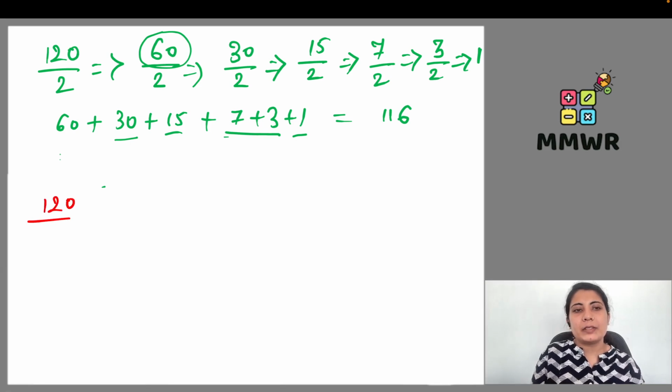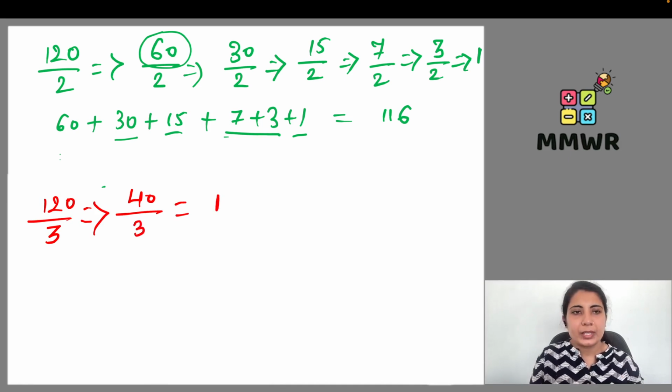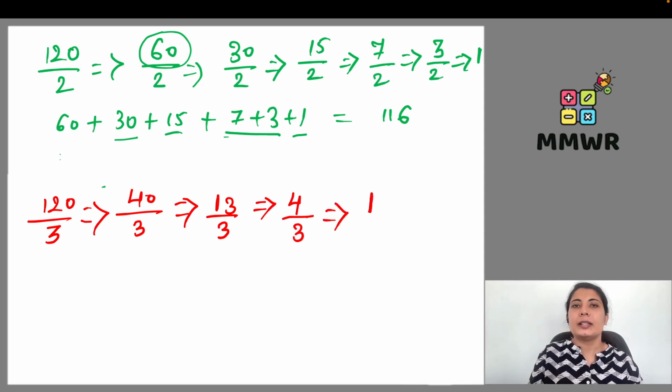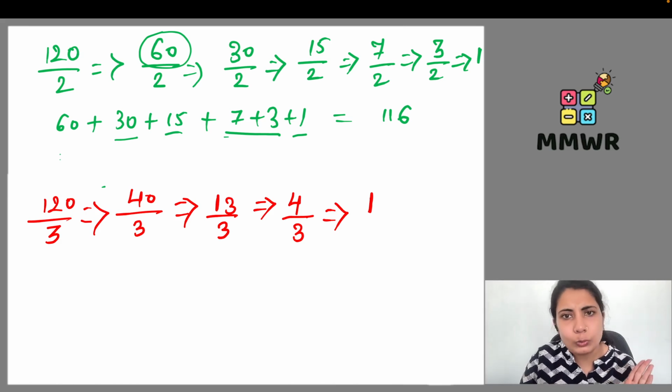So 120 divided by 3, 3 fours are 12. 30 divided by 3, 3 ones are 3. Remainder is 1, 3 threes are 9. Then again 3 by 3 it will be divisible 4 times, 3 fours are 12. Then again by 3, 3 ones are 3. And remainder is also 1.